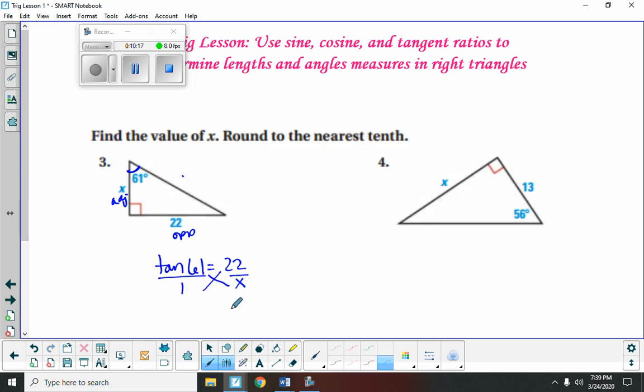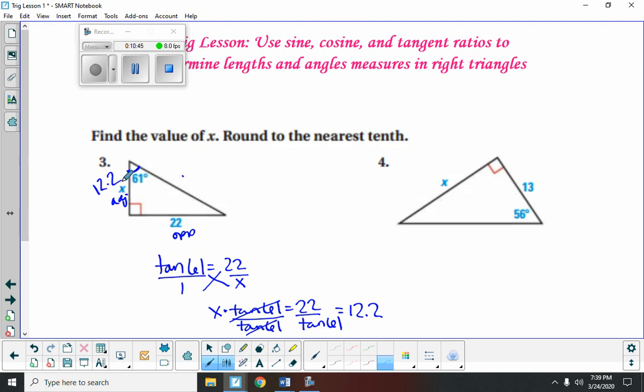So you have x times the tangent of 61 equals 22. And then to get x by itself, you divide both sides by tangent 61. So you have 22 divided by tangent 61. And that equals 12.2.